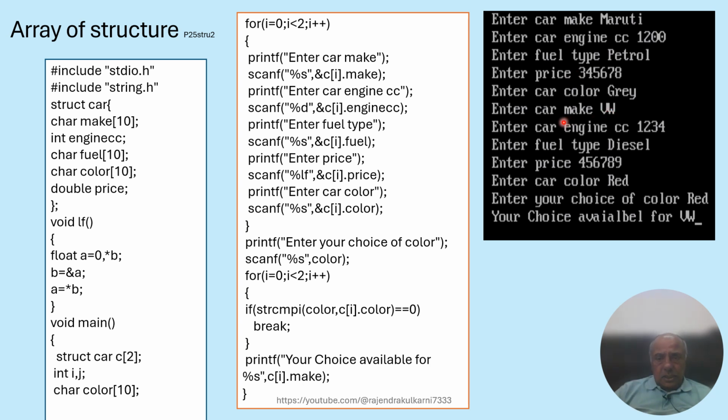Then the other input I gave was car make VW, engine cc is this much, price is this much, and color is red. So what actually it means, a Maruti car having grey color is available and a VW car with red color is available.